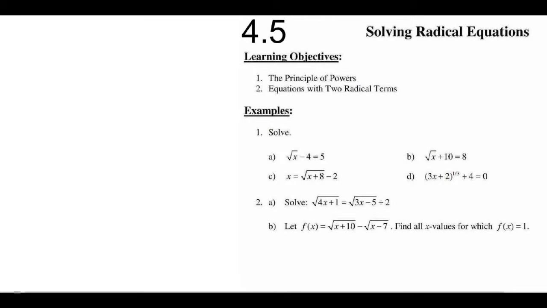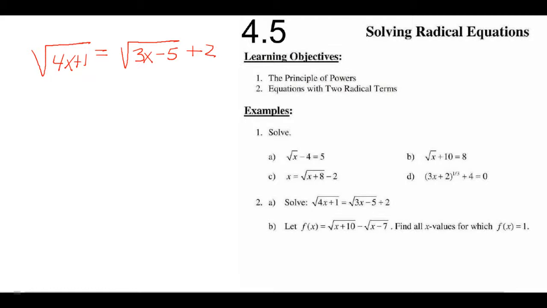We now have the square root of 4x plus 1 equals the square root of 3x minus 5 plus 2.